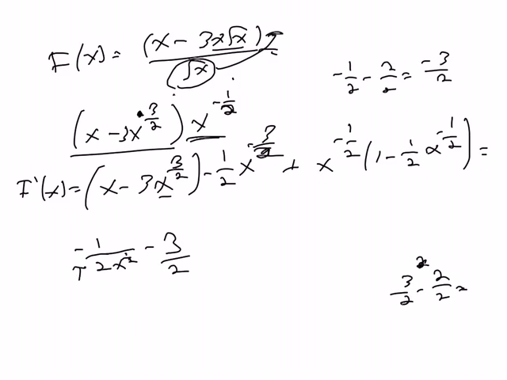Wait, no, so this is plus, right, because it's negative and negative. Plus, and then you get over here 1 over the square root of x minus, and then this just becomes 1 over this.